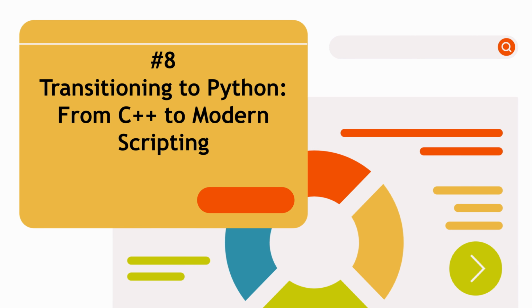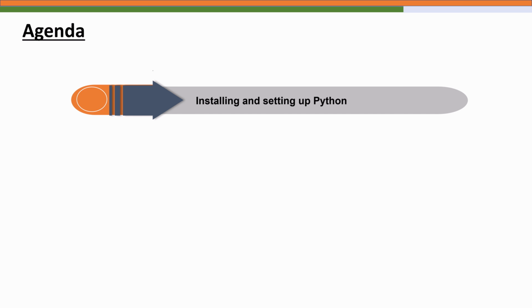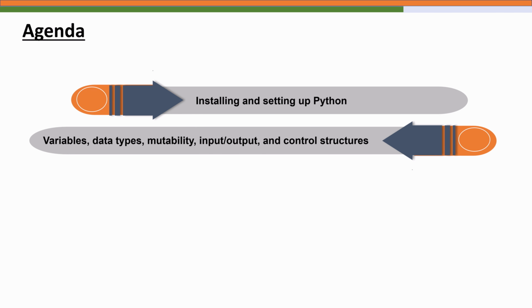So let's get started. Here's what we will cover in this transition session. We will start by installing and setting up Python on your system. Then we will move into fundamentals that are variables, data types, and Python's flexible nature when it comes to mutability. From there we will explore control structures and input-output.